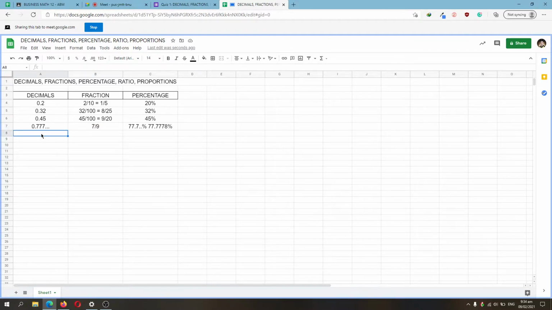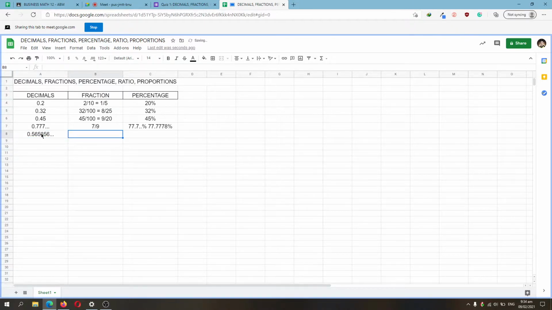So, paano naman kung 0.56, etc.? So, paano natin kukunin ito? Kukunin lang natin ano yung number na umuulit-ulit. That is 56. Tapos, ano ang decimal place ng 56 natin? That is tenths and hundreds.